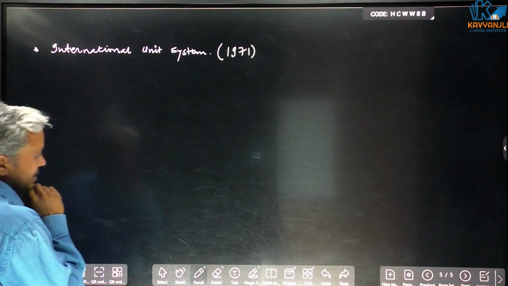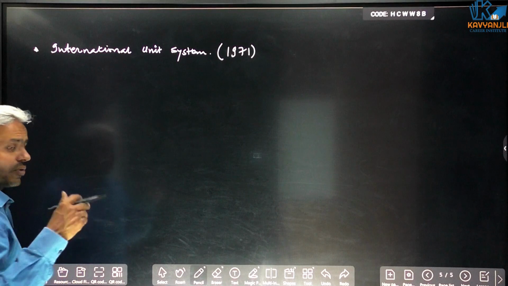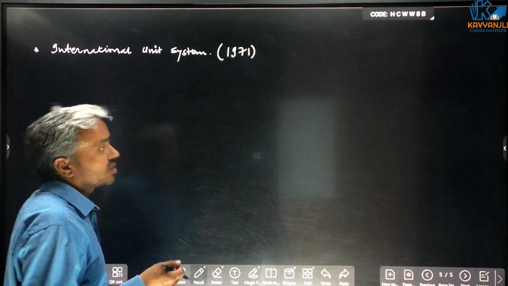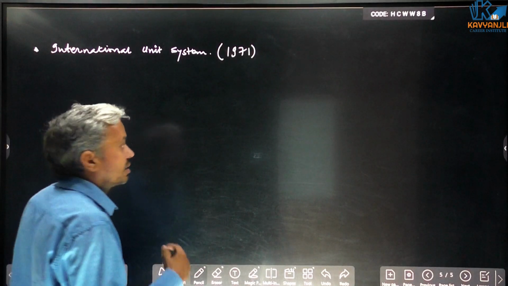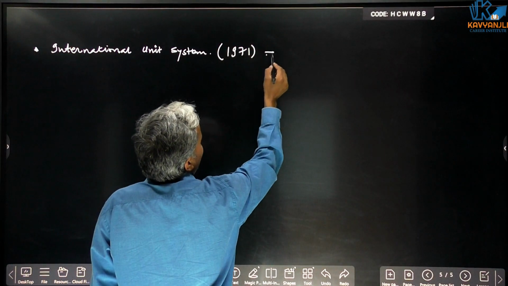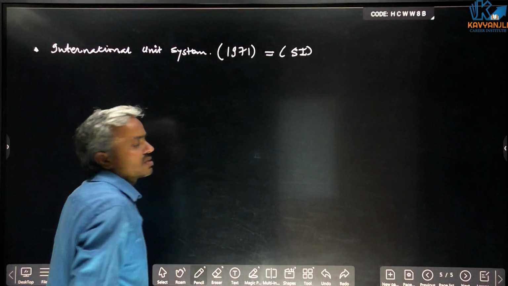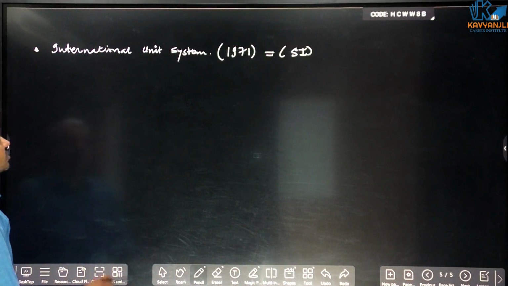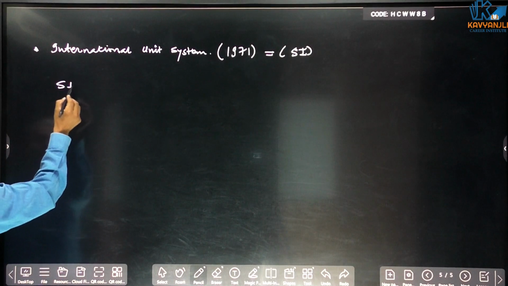This meeting was held in Paris, and in Paris, they speak French. So in French, they call it Système Internationale. So the abbreviation, the short form of this unit system, is SI, Système Internationale. So what is the SI unit system?